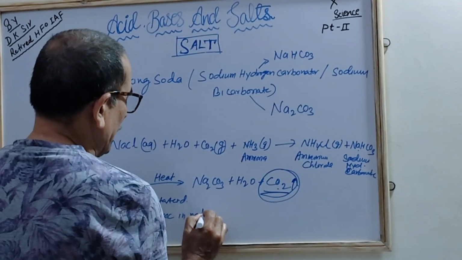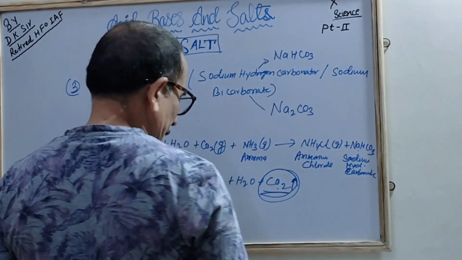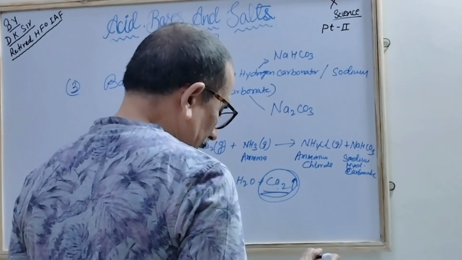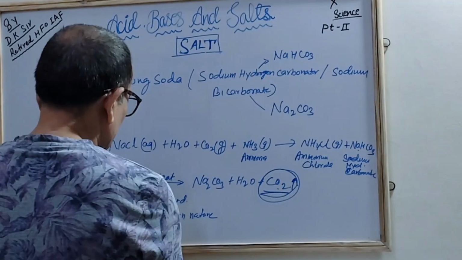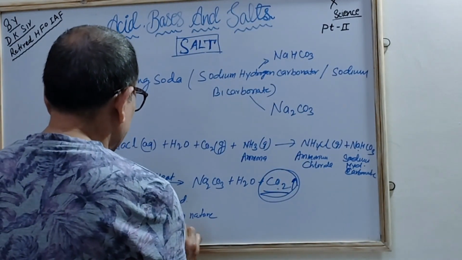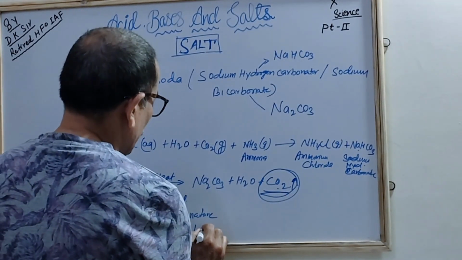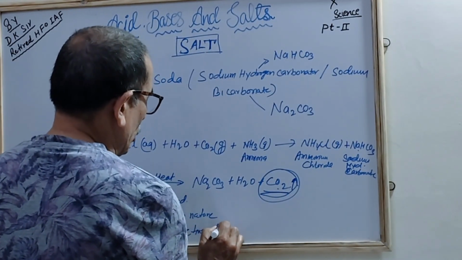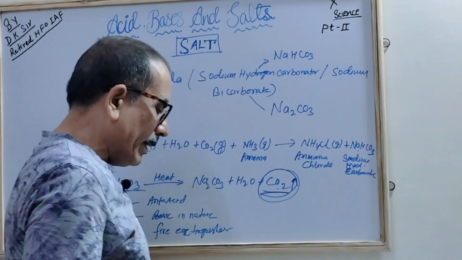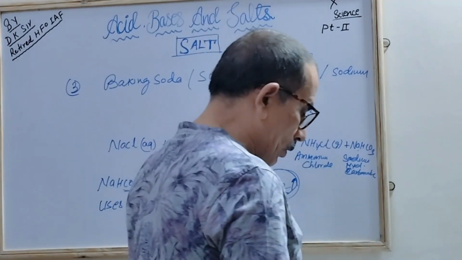So whenever you find acidic formation, you can use it as an antacid. It can also be used in the soda acid fire extinguisher. There are many uses of that. Baking soda, the baking powder, you are also using in the kitchen.